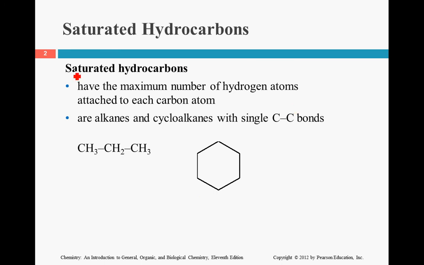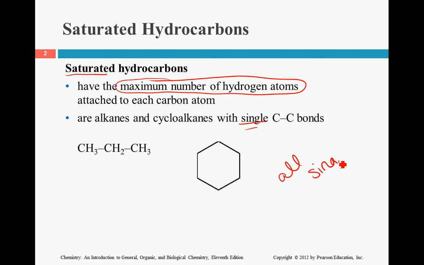So we're talking about the difference between saturated and unsaturated hydrocarbons. In saturated hydrocarbons, the maximum number of hydrogen atoms are attached to it. What that's really meaning is when you're looking at this, they will all be single bonds. So if you see a double or triple bond there, that means you have an unsaturated hydrocarbon.